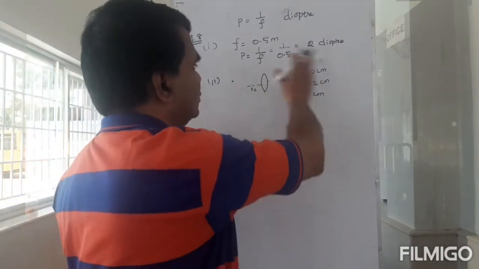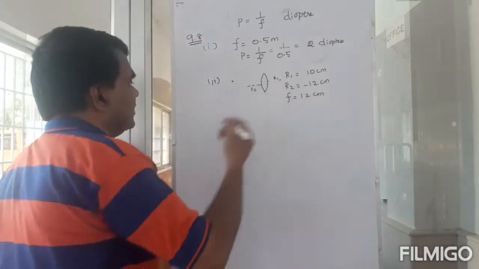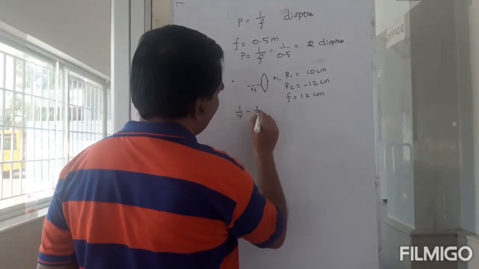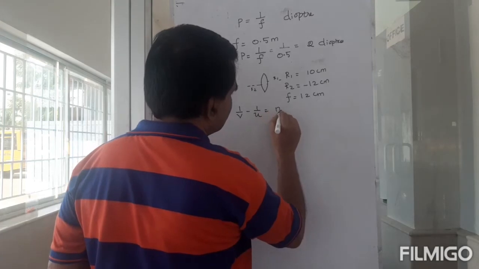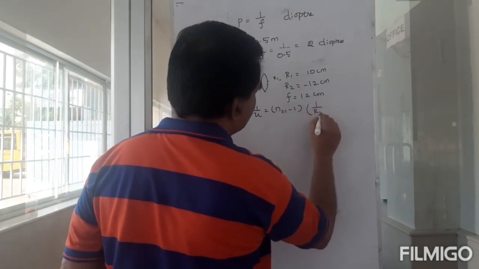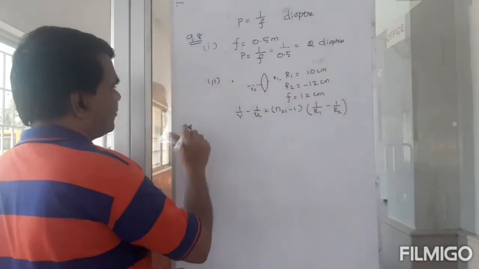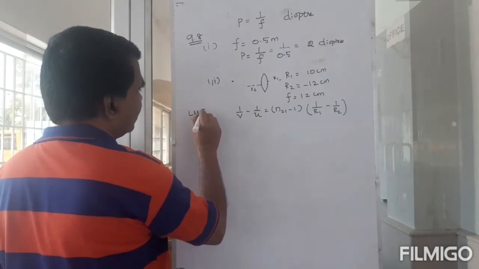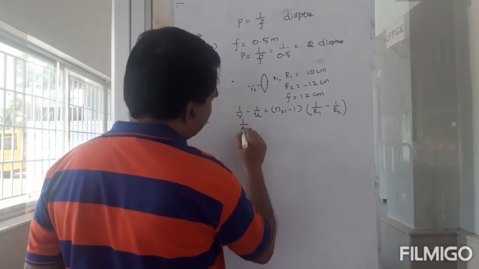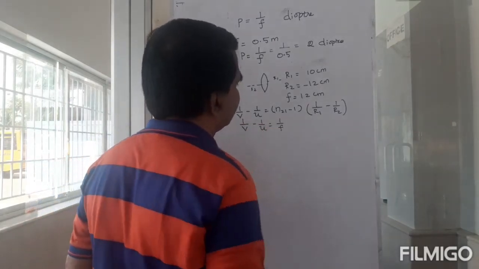How do you calculate the refractive index? That's easy. What's the lens maker's formula? It is 1 by v minus 1 by u is equal to (n21 minus 1) into (1 by R1 minus 1 by R2). This is the lens maker's formula. What is the lens formula? The lens formula is 1 by v minus 1 by u is equal to 1 by f.